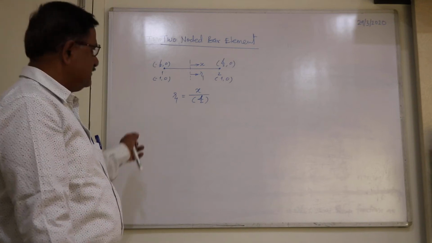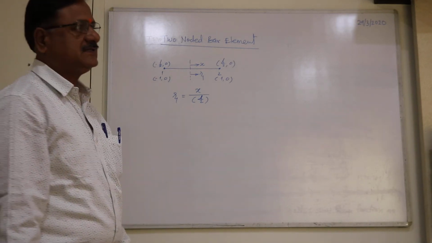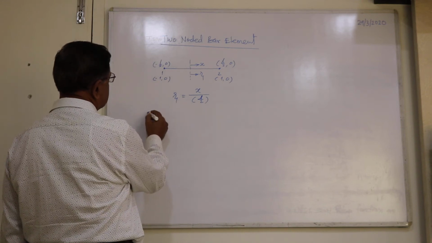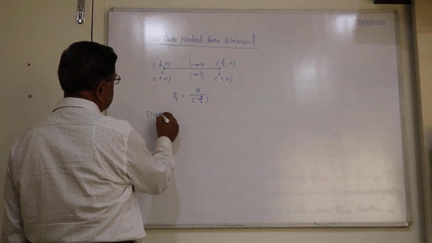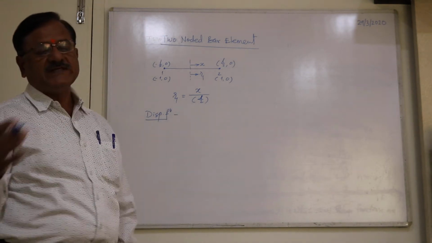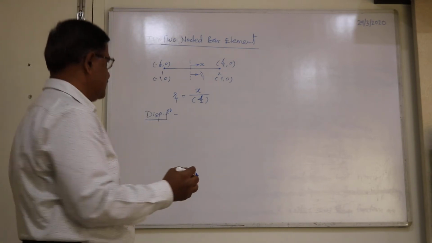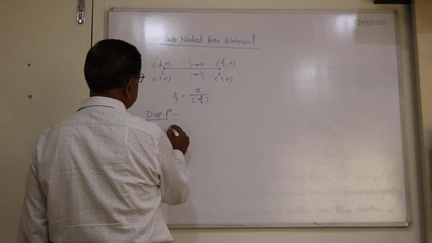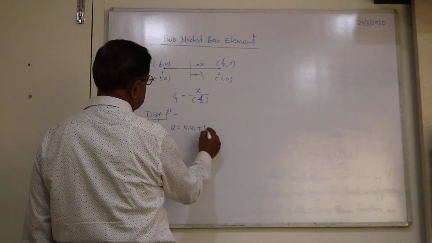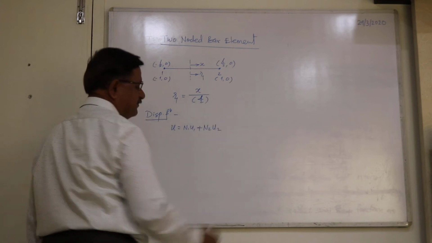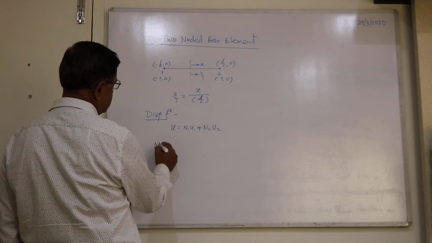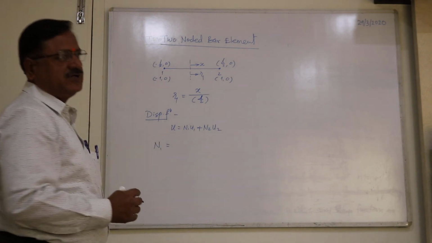Now, whenever we want to formulate the element stiffness matrix, we have to start with the displacement function. So let's assume the displacement function at any point within the element in terms of shape functions, that is, u is equal to N1 u1 plus N2 u2. Then let's find the shape functions by using the Lagrangian interpolation formula.